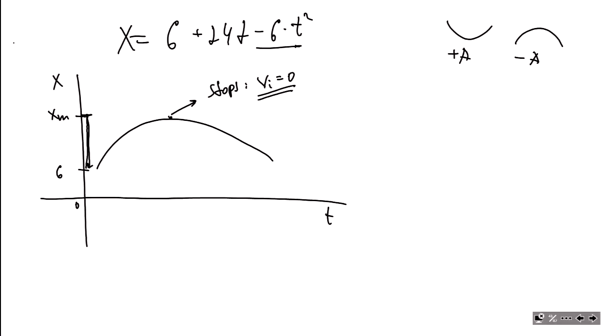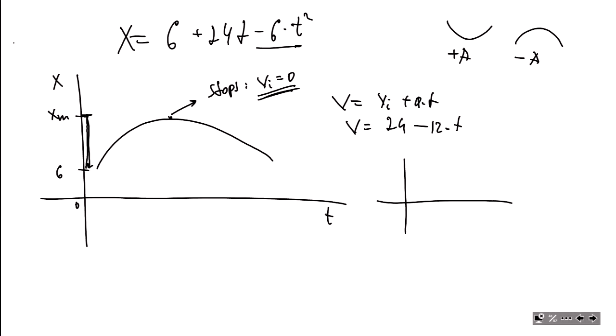Well, if it's velocity, we need the velocity equation. No problem. The velocity equation, we know, is initial velocity plus acceleration times time. In our specific situation, that's initial velocity 24 and acceleration negative 12. That's our equation. And the graph for velocity as a function of time according to this equation looks like this. Starts from 24, goes down, down, down, goes through 0, becomes negative.